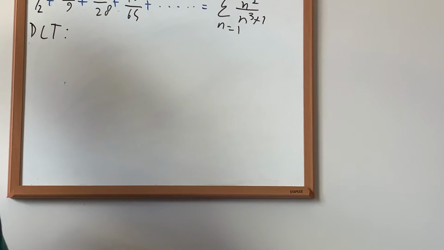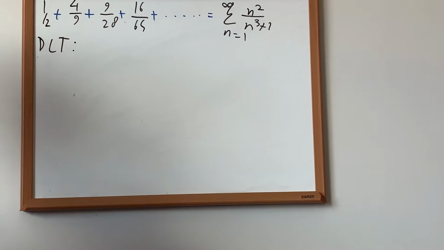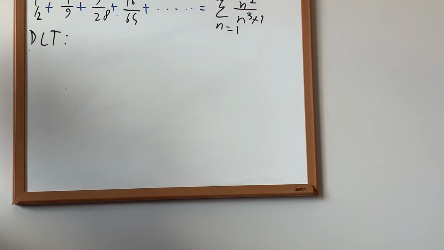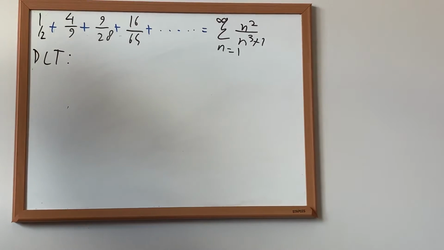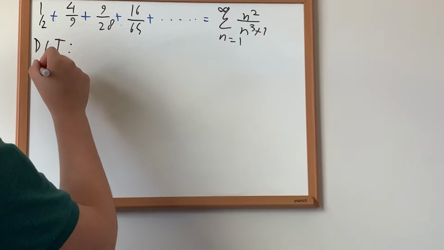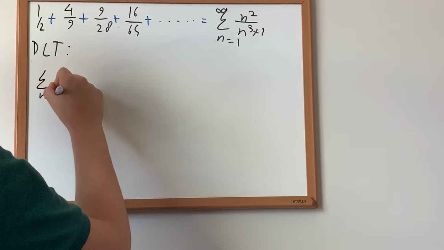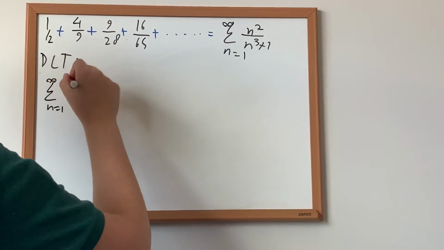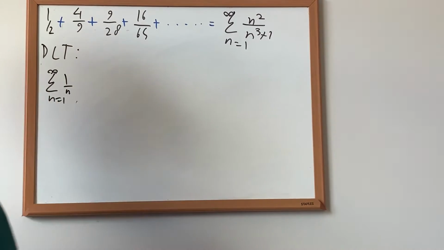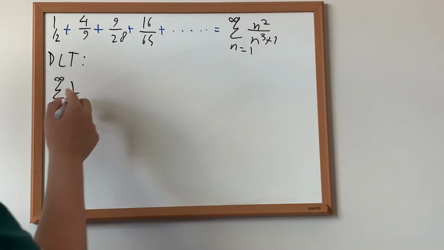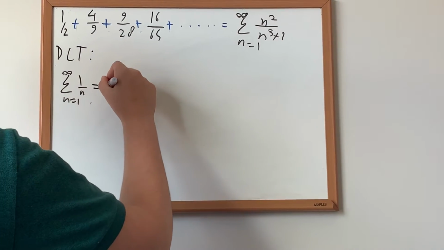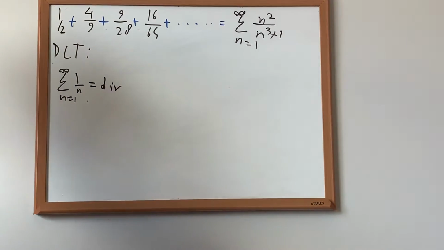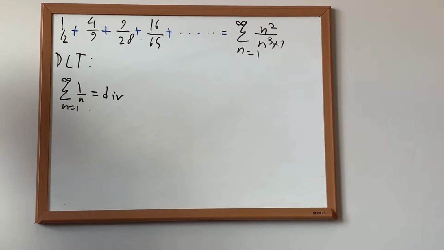So for the direct comparison test, we should choose a series that is similar to this and then compare those to find if this also converges or diverges. What we know is that the sum from n equals 1 to infinity of 1 over n, by the p-series test, is a power of 1, so this is divergent, and also because this is a harmonic series, we can conclude this is divergent.